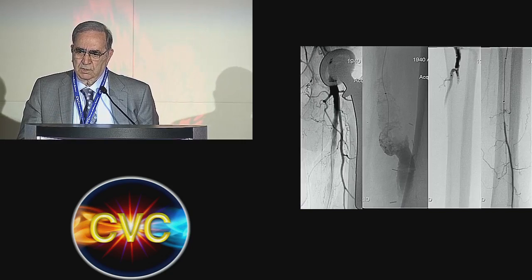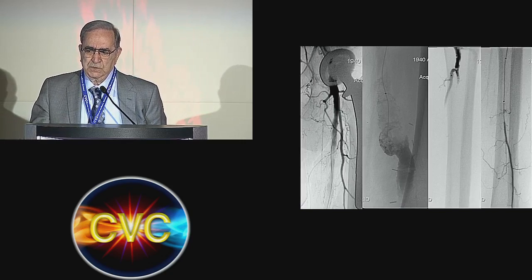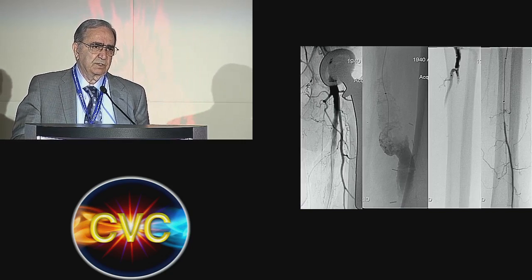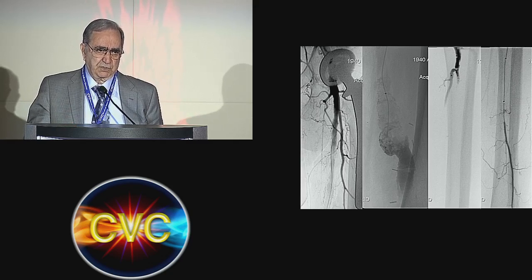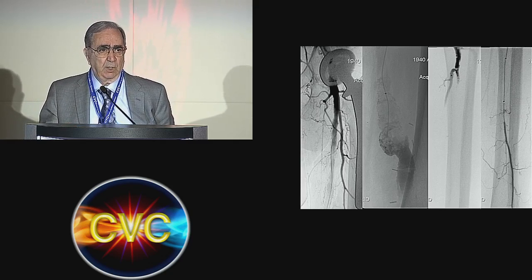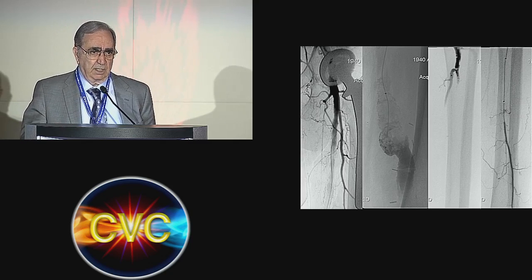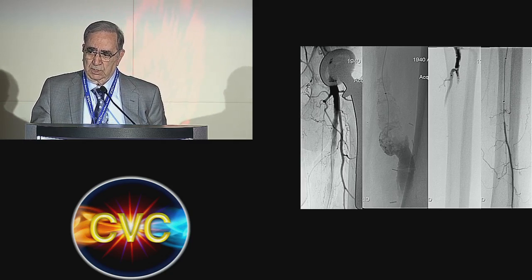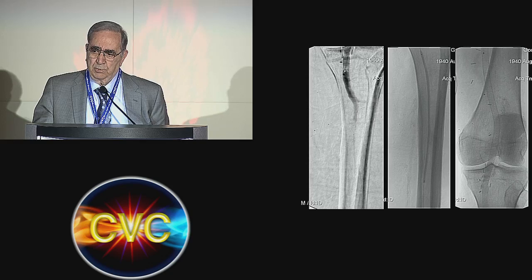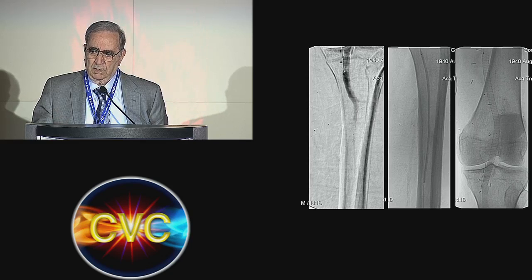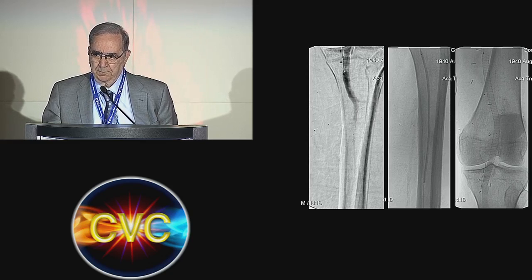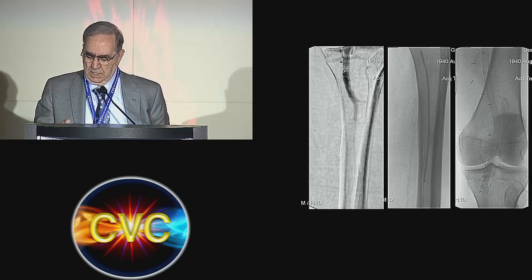After treatment, there was enough lysis that I was able to cross the aneurysm, get down below the knee, find a landing zone below the knee, and put a stent graft in it.